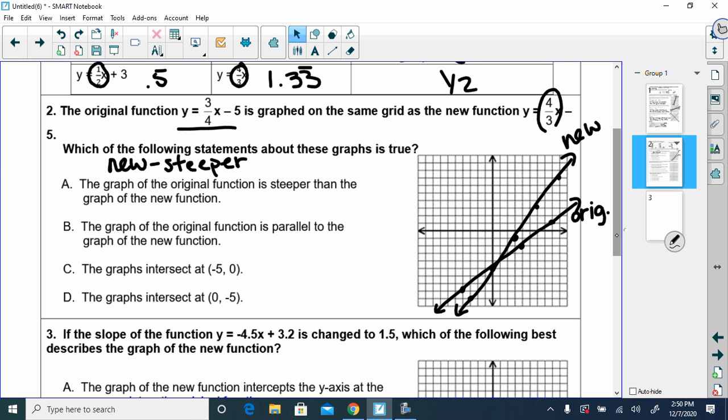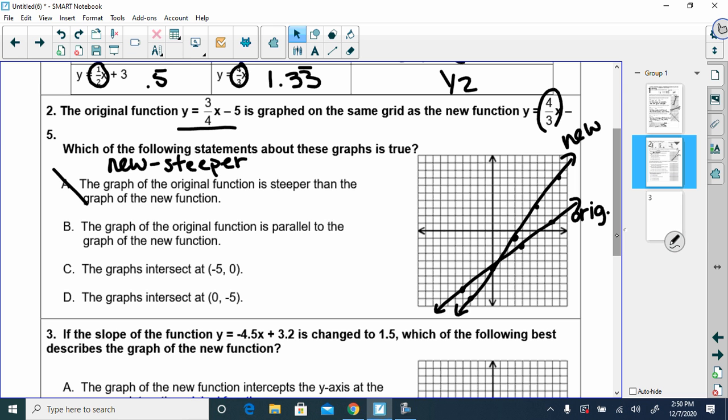Okay, so we're asking which one is true. So A says the graph of the original function is steeper than the new. Is that true, that the old is steeper than the new? No. Okay.